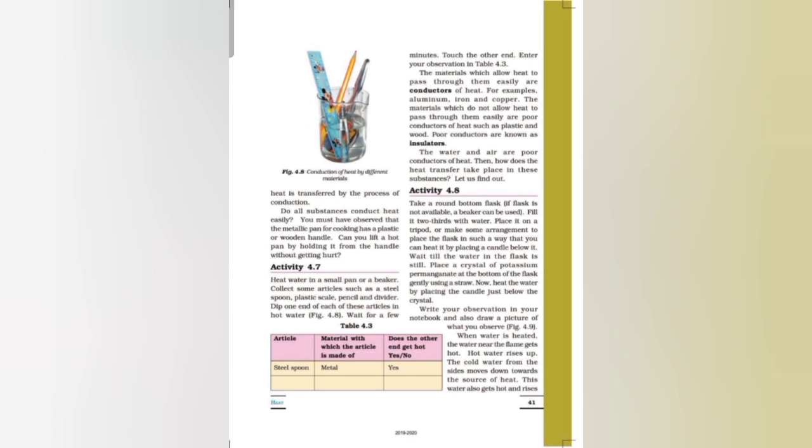That's why the handles of cooking pans are made of wood, or we can say plastic. So this is all about the conduction process, and we know that metals are good conductors of heat and comparatively plastic and wood are bad conductors of heat.